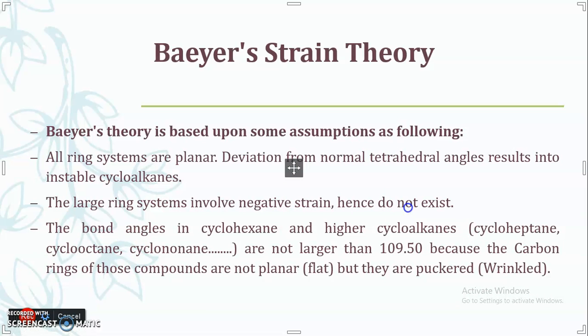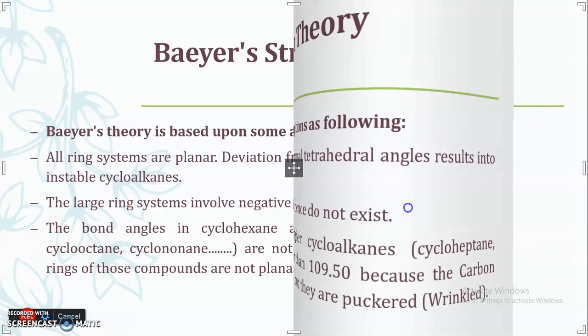The bond angles in cyclohexane and higher cycloalkanes like cycloheptane, cyclooctane and cyclononane are not larger than 109.5 because the carbon rings of those compounds are not planar, that is not flat, but they are in a puckered or wrinkled position.